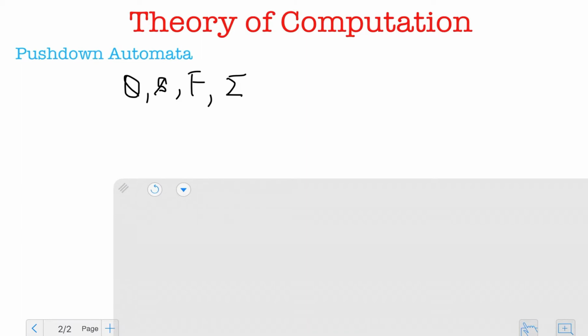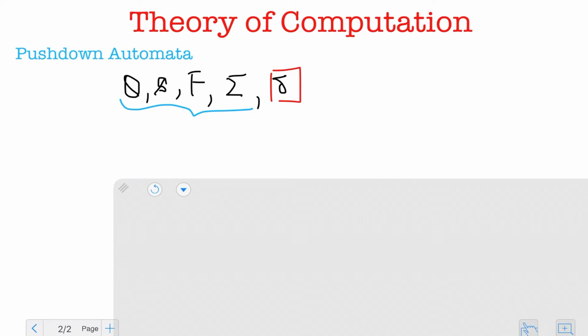So we have the input alphabet, which is what the string that's given to us is going to be made up of, and we will also have the transition function, but let's just mark the transition function right here because this is going to be different. All the rest of them are going to be defined in the same way as we defined for our NFA or DFA, but we will define the transition function differently here.